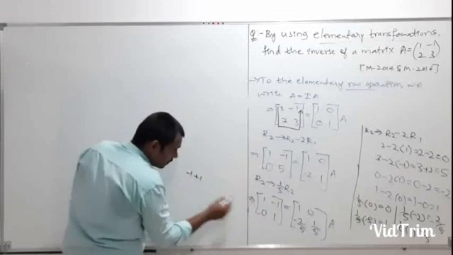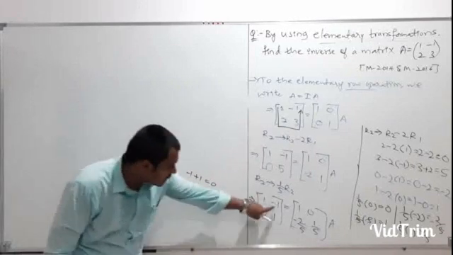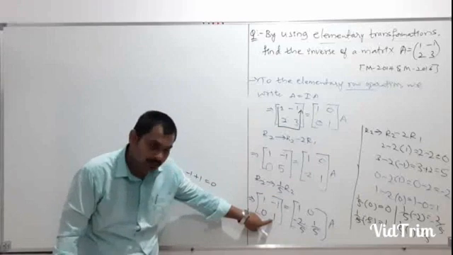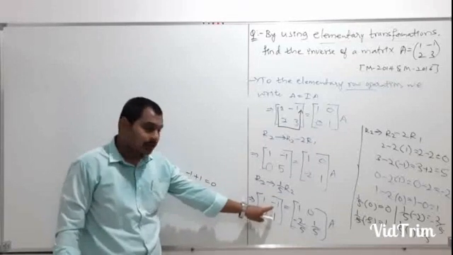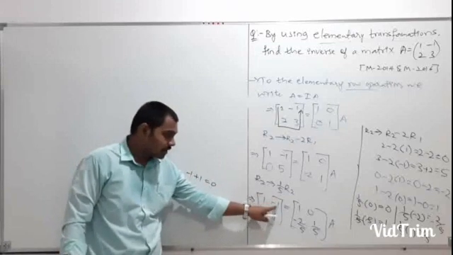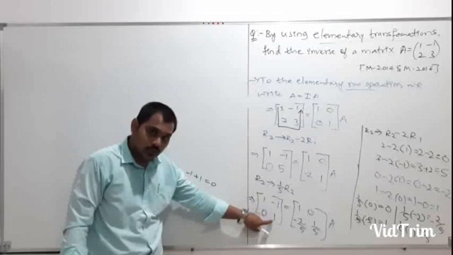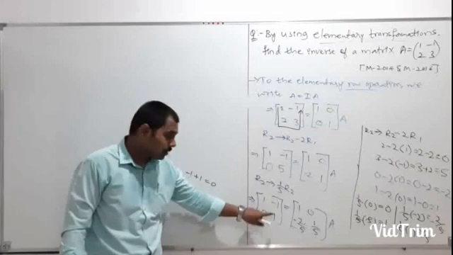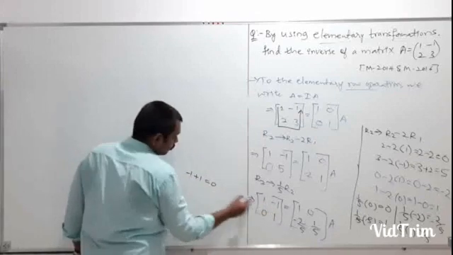Here it is 1. If I add this, am I getting 0? Minus 1 plus 1 is 0. To this element, if I add the element of this, minus 1 plus 1, I am getting 0. Clear? My aim is to convert this element into 0. To convert it into 0, I take the help of row 2. So in the row operation, I just add row 2 to row 1.